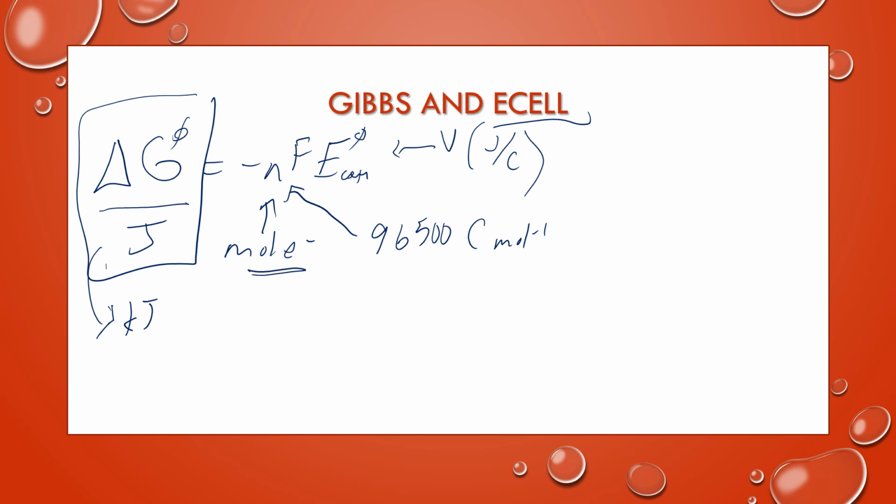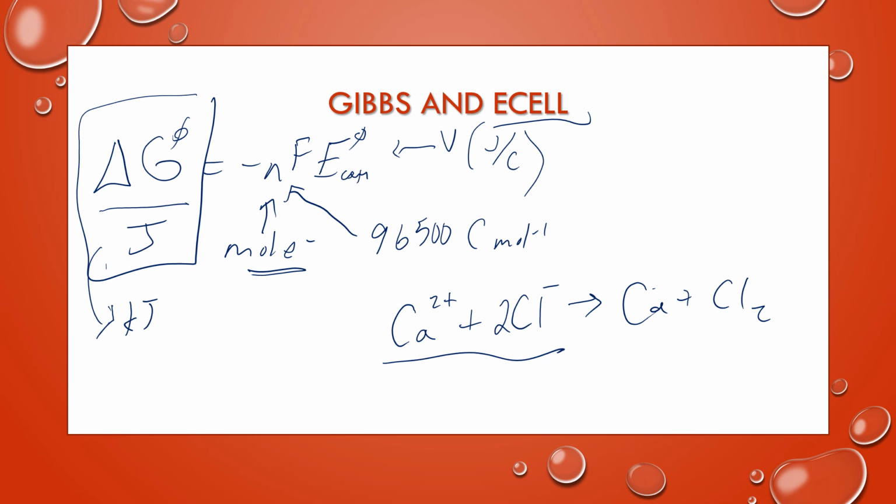And then for moles of electrons, you need to be careful with how many electrons are present in the overall balanced equation. So if I have something like that redox reaction, we have potentially a molten ionic compound like this, with the ions separated, and you're transferring the electrons.